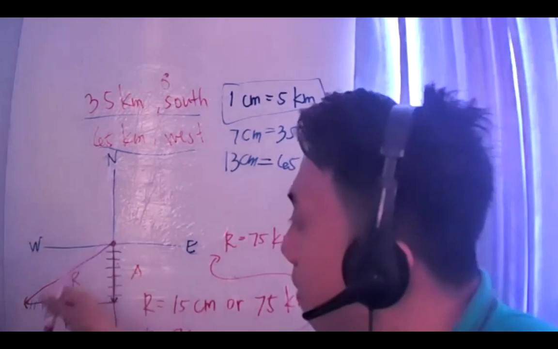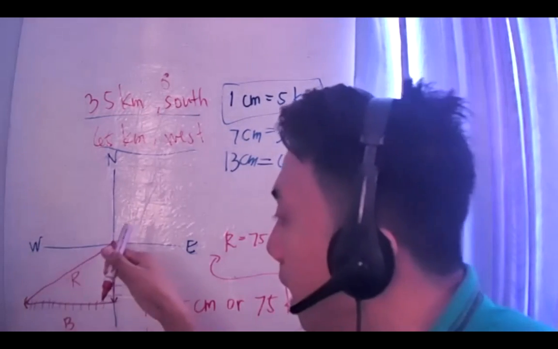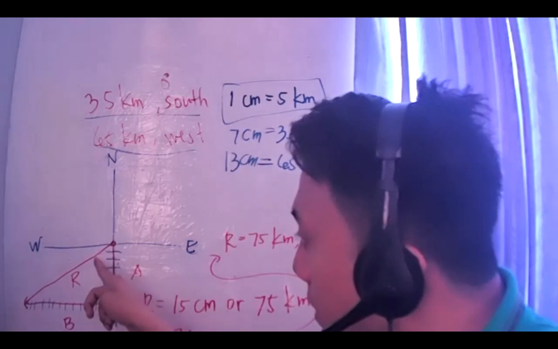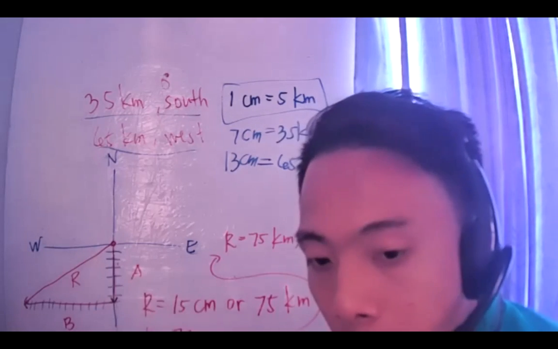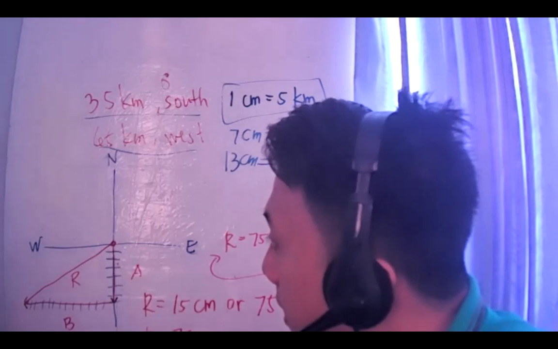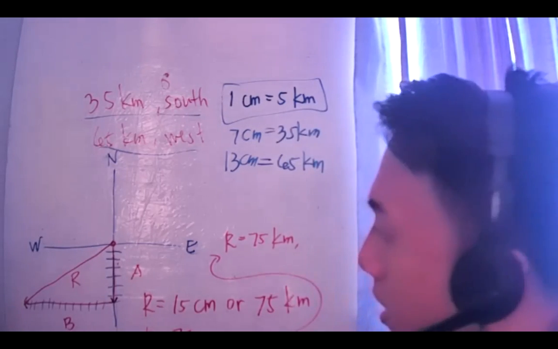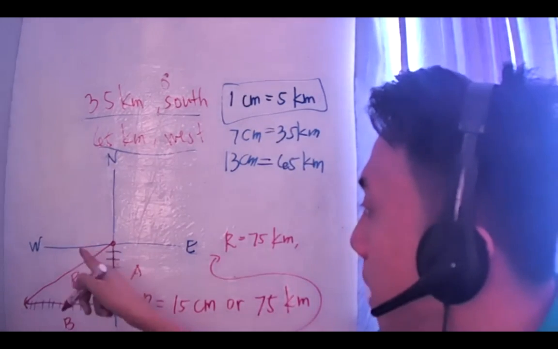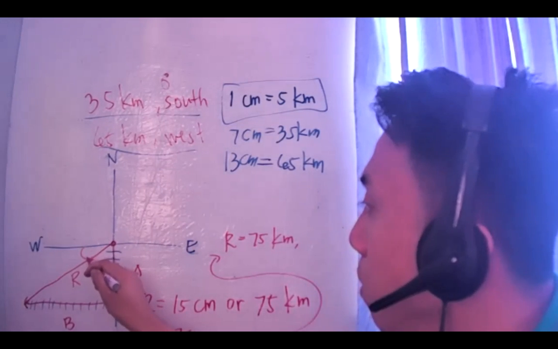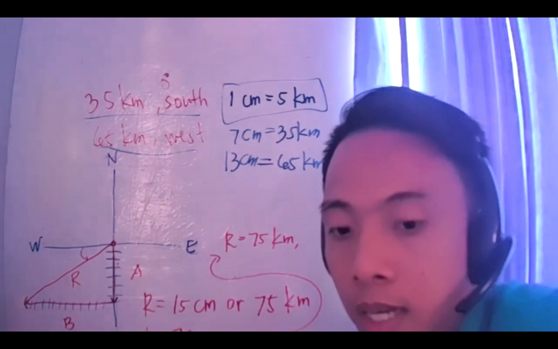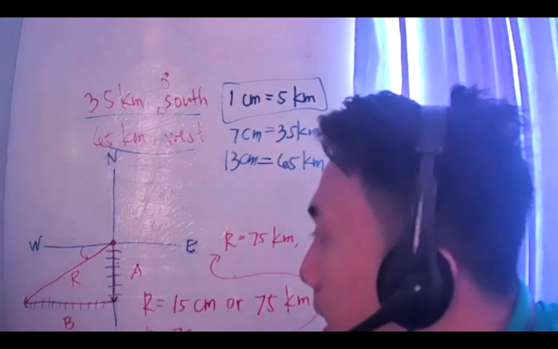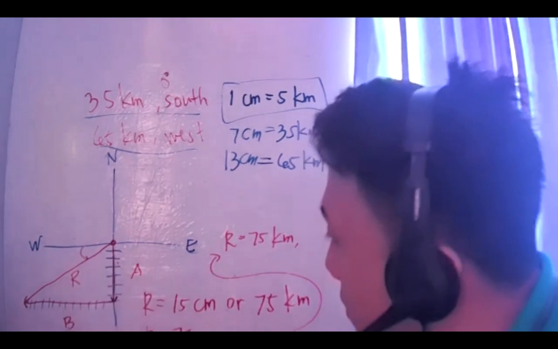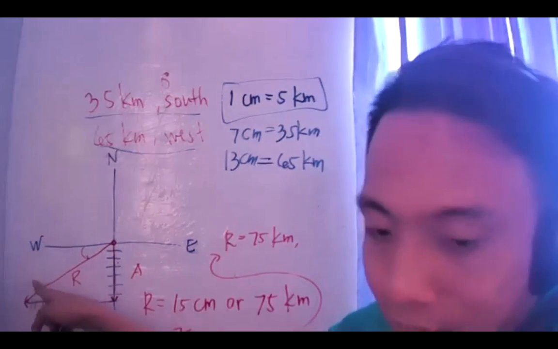Since this is now a diagonal or a slant line, we need to measure the degree. We will start at, hindi pwede sa Y, tama? So we will start here sa X, mas malapit siya dito. And papunta siyang south, so south of west ang tawag natin.